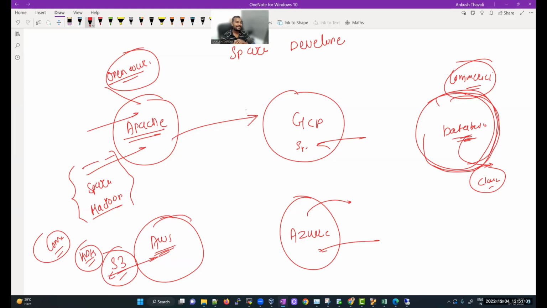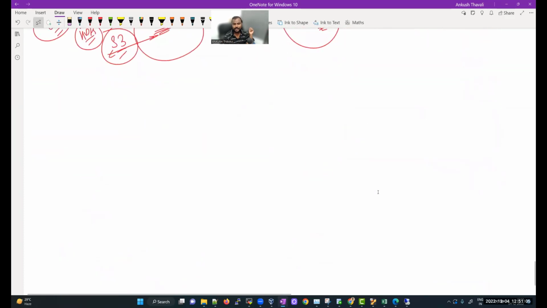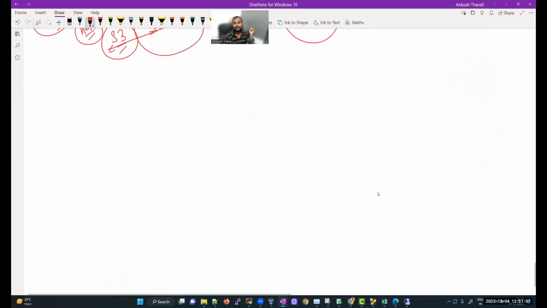Why I said PySpark developer, I'll talk about that also. Because when it comes to Spark, it can be written with multiple languages. Spark is a framework which processes your huge amount of data with respect to batch processing or streaming processing, and it will store the data.